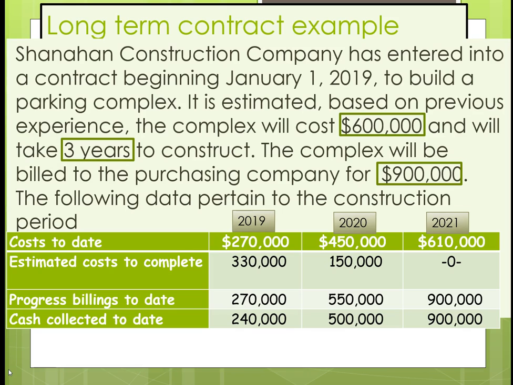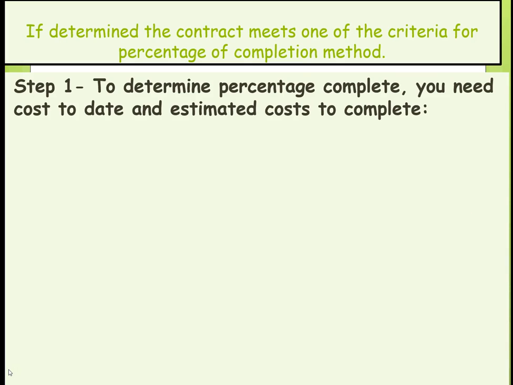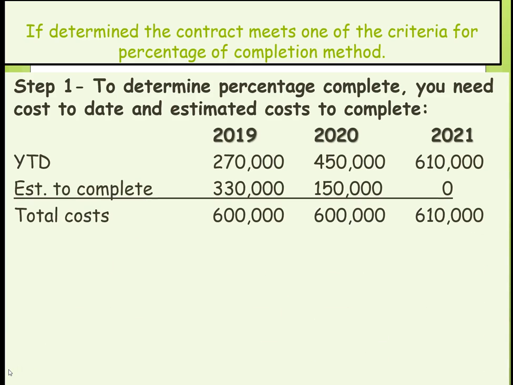When you look at cost, now sometimes they'll say only the cost for the year, so please pay attention to the information provided. Now, step 1, determine percentage complete. You need the cost to date and estimated cost to complete. So, here's the information we have. Year to date, we have estimated cost to complete, and then we have total cost for each one of the 3 years.